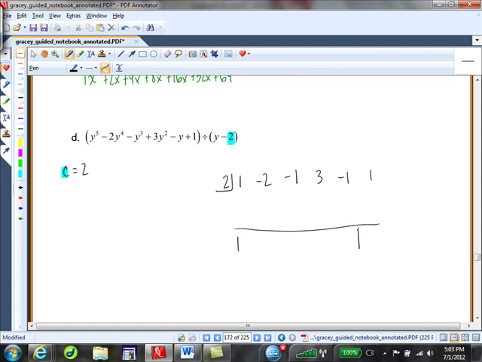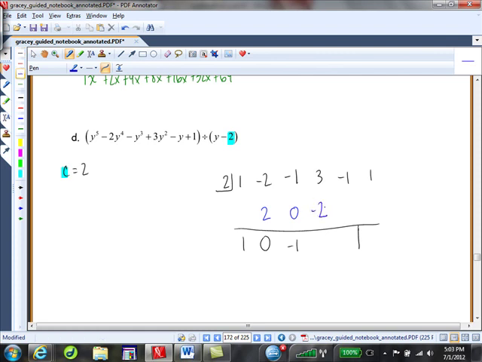Bringing down our 1 here. So 1 times 2 is 2. Negative 2 plus 2 is 0. 0 times 2 is 0. Negative 1 plus 0 is negative 1.